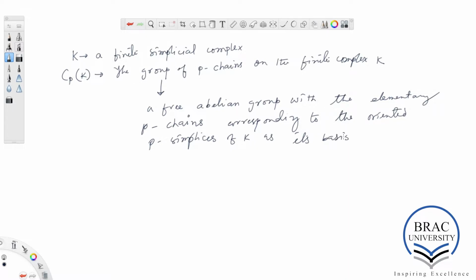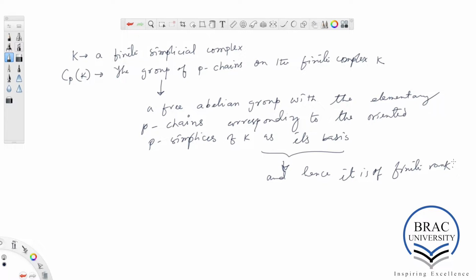Since there are finitely many such elementary p-chains, it is of finite rank.